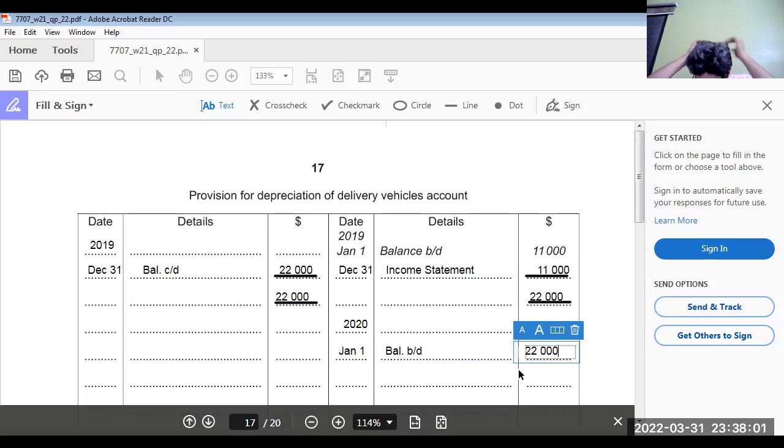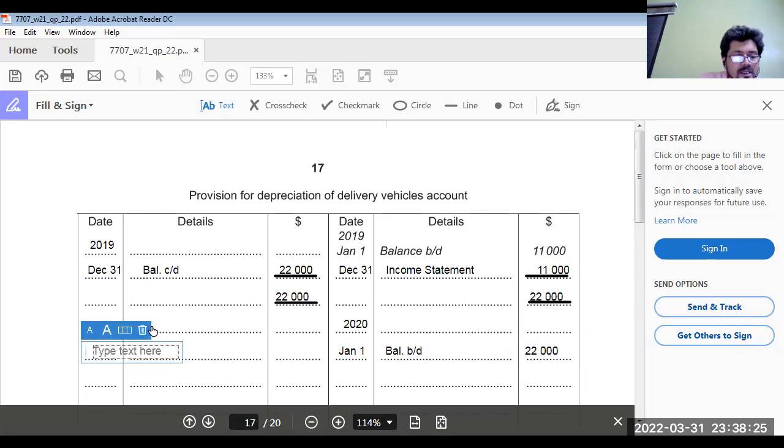Now, what we have to do in 2020, we have to be careful. Why? Because we sold one of the machinery on 31st March.